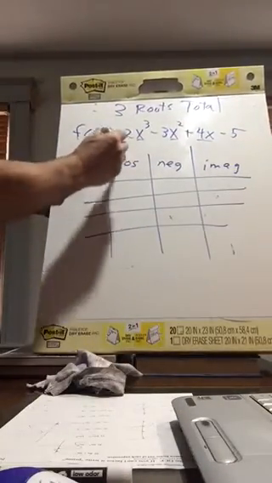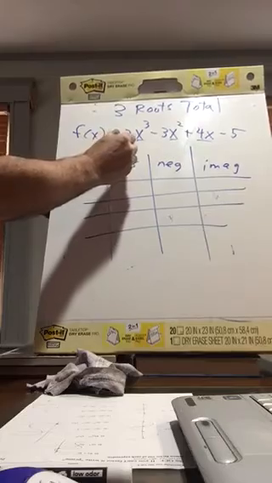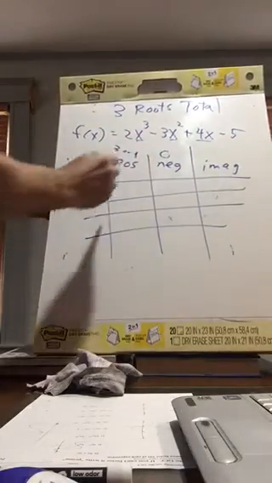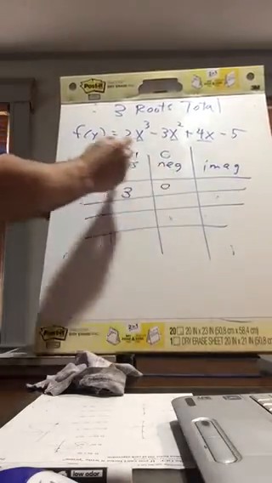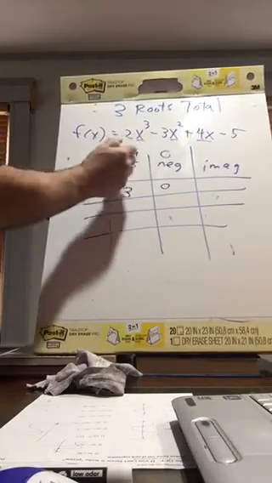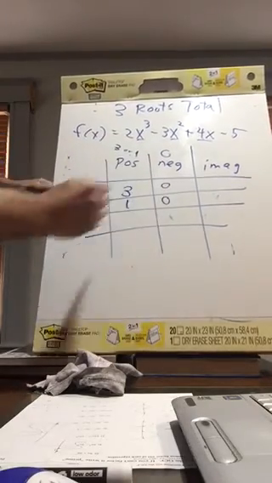So we said we could have 3 or 1 in the positive, but no negative. So we could have 3 positive and no negative. It's like matching 3 with none. We could have 1 and none.